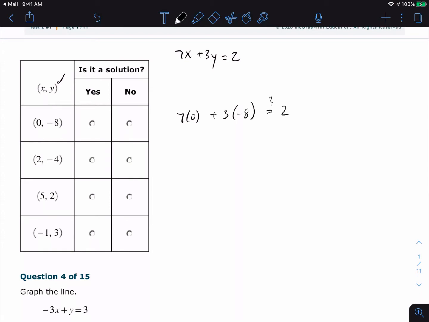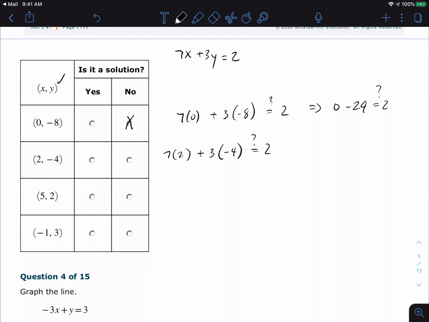Is that equal to 2? Well, is 0 minus 24 equal to 2? Clearly not. Then we'll go 7 times 2 plus 3 times a negative 4 is equal to 2.